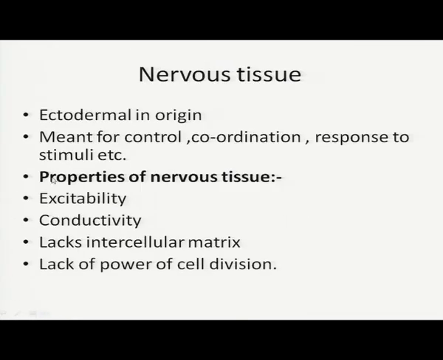Now, coming to nervous tissue. It is ectodermal in origin. You know, there are three different germ layers: ectoderm, mesoderm and endoderm. So, nervous tissue is ectodermal in origin. It is meant for control, coordination and responses to stimuli. Now, what are the important properties of this nervous tissue?